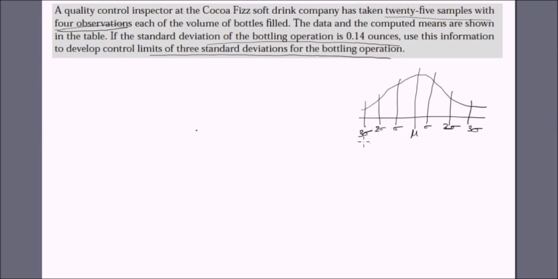We know that if we cover 3 sigma on both sides of the mean in a normal distribution, it covers 99.74%. Therefore, we will have the defects only in this region, which is 0.26%. So here we are asked to draw the 3 standard deviation limits. So let's quickly switch over to an Excel sheet where our data is and see how to draw.